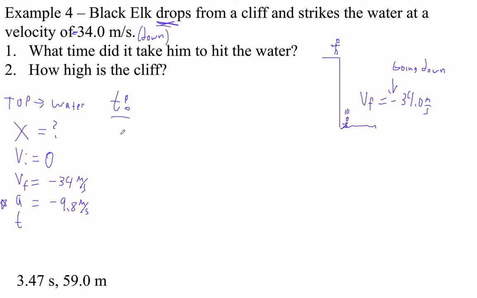All right, I'm going to use this guy: vf is vi plus at. So final velocity is minus 34, is 0 plus negative 9.8 times t. Okay, so I think that ends up being just 34 divided by 9.8, 3.469.